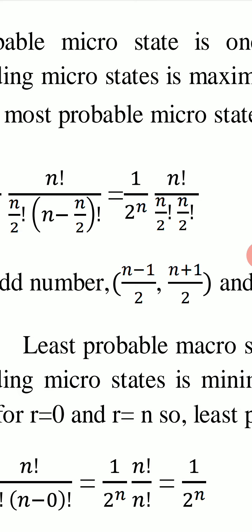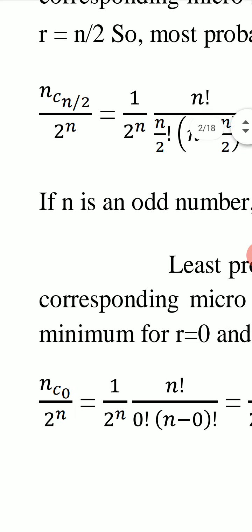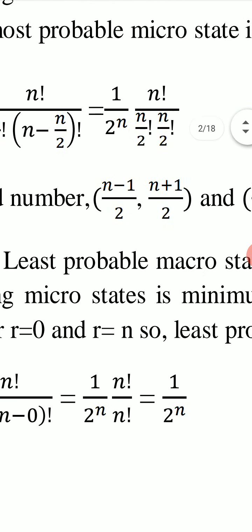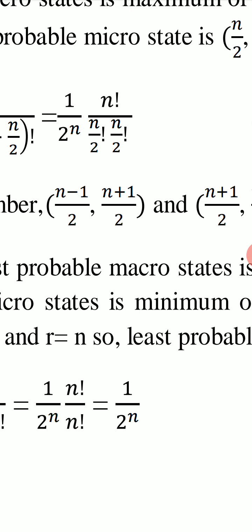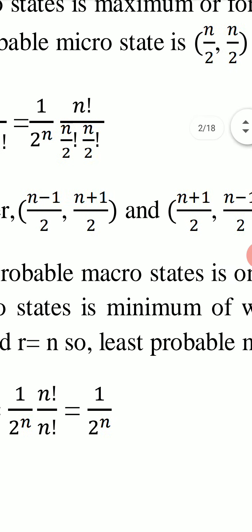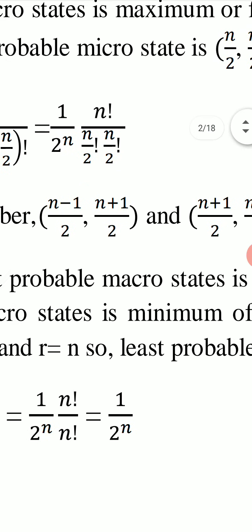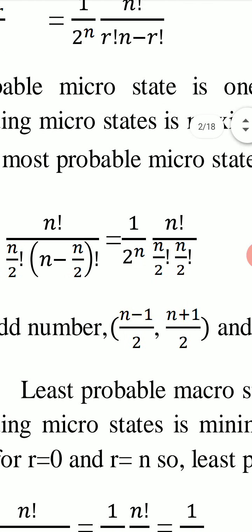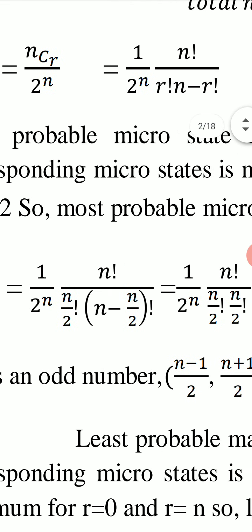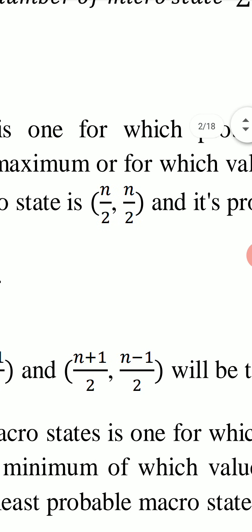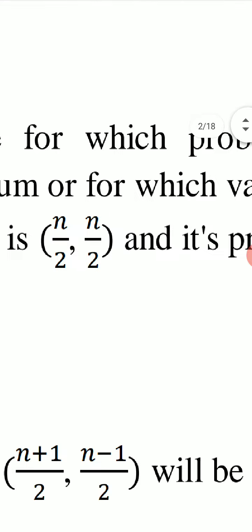If n is an odd number, then the most probable macrostates will be (n minus 1 by 2, n plus 1 by 2) and (n plus 1 by 2, n minus 1 by 2). (n by 2, n by 2) is the most probable state when n is even.